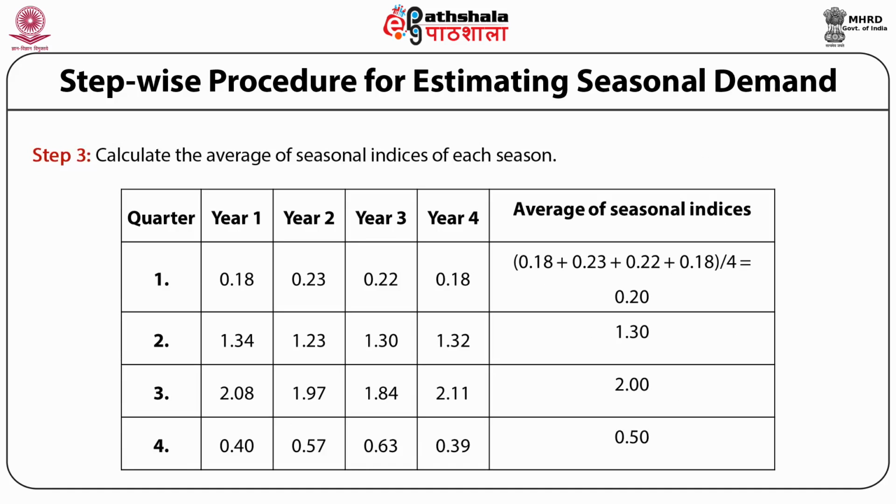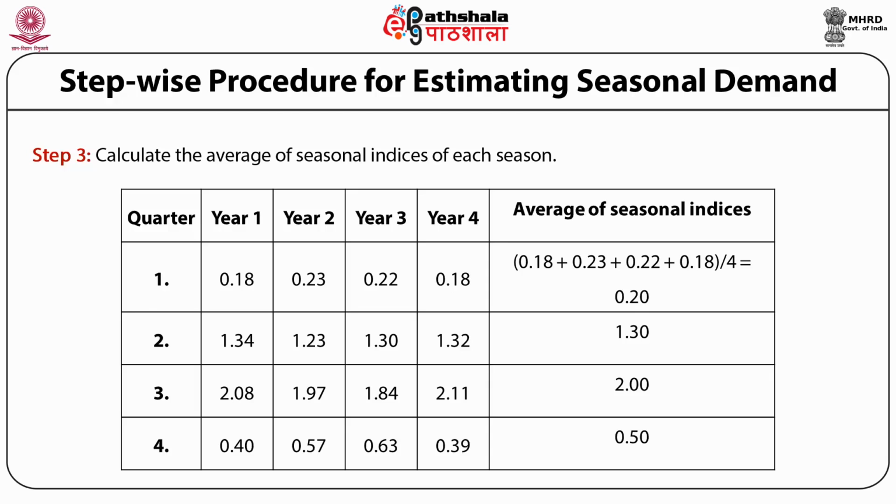Step 3 is to calculate the average of seasonal indices of each season, which is done as for first quarter for each year. The seasonal index has been calculated in step 2. In this step, the average of these seasonal indices is calculated.